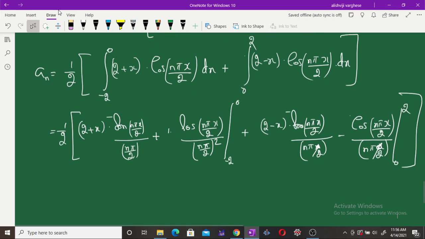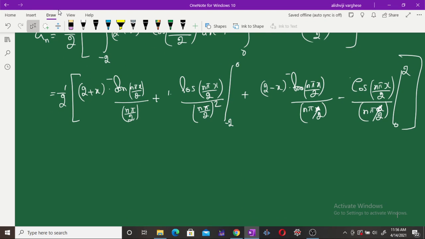Now when we apply the limits, here when we apply the limit 0, we have sine 0 and the limit is equal to 0. Then here when we apply 0, it is cos 0. Cos 0 is 1. So it is 1 by n pi by 2 the square. That's the upper limit.